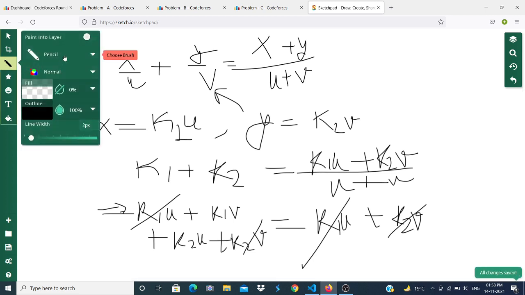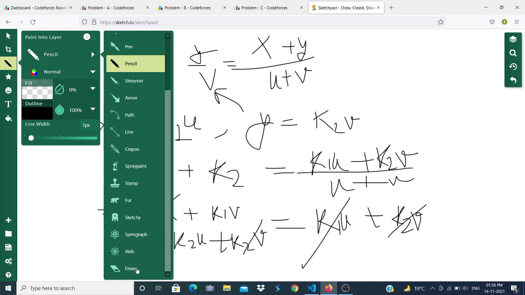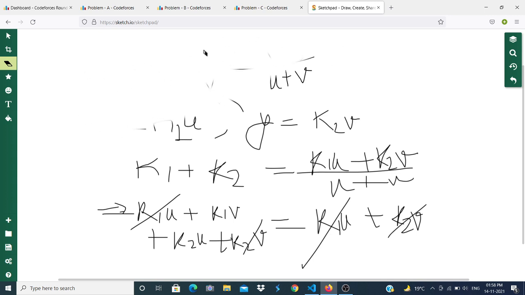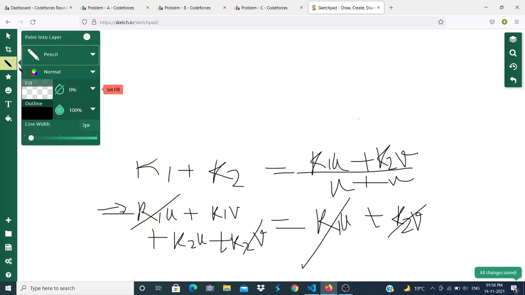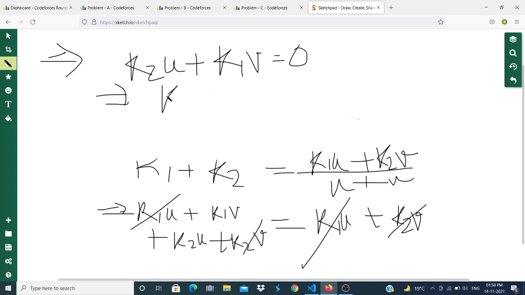So now let us see what we will be left with. Let me erase this upper part so that we can use it. Okay, so now it turns out that k2 times u plus k1 times v should equal 0, which essentially means k2 times u should be equal to minus of k1 times v.